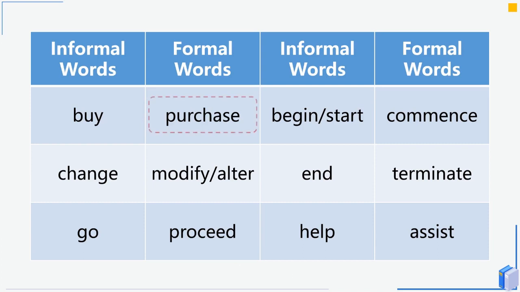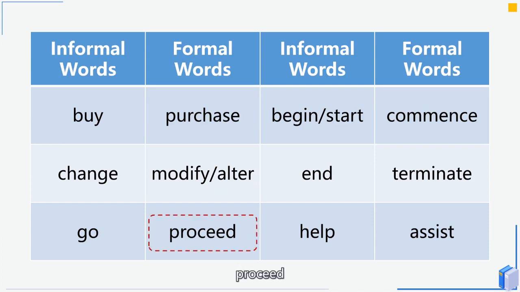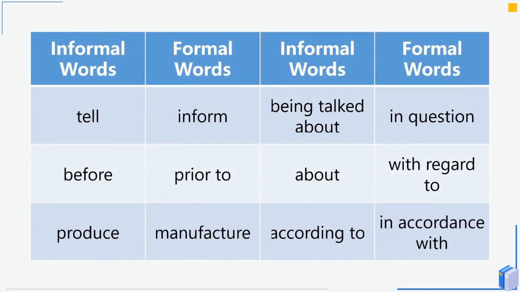The words purchase, modify or alter, proceed, commence, terminate, assist, inform, prior to, manufacture, in question, with regard to, in accordance with, in the right column, are often used in the contract.